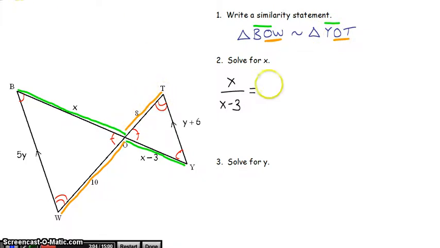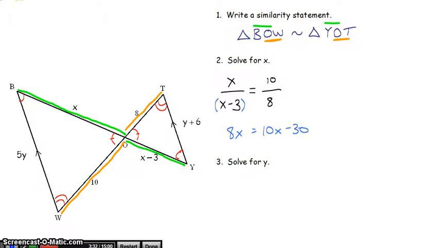There's my second ratio, 10 over 8. Once you have your two ratios, you have your proportion, you cross multiply to solve. x times 8 is 8x. It equals 10 times, make sure we have parentheses here, x minus 3, which is 10x minus 30.